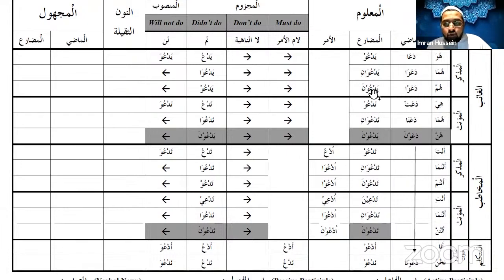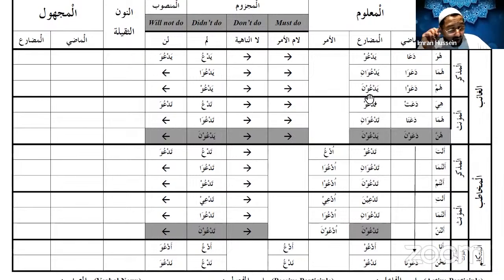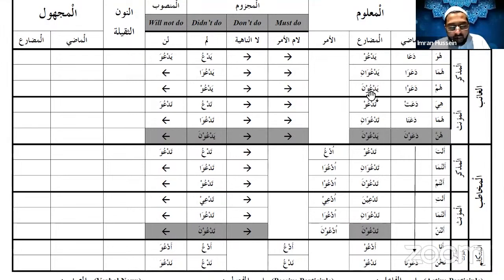This should have been yad'uwuna. There should have been two vowels there. These points which I'm mentioning are qawaid of i'lal, which I'm not going to teach you because there's no need, since you're not studying it in a house. You just need to understand the waw has been dropped. That's enough. Just memorize it as it is.